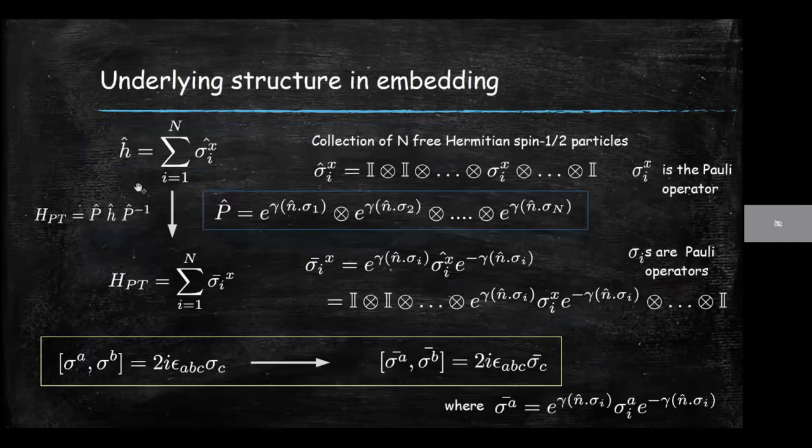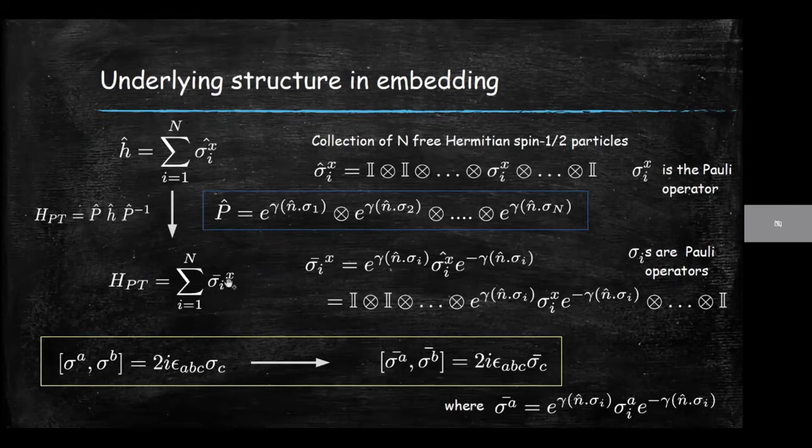So now we start with a Hermitian Hamiltonian, which is a set of free Hermitian spin half particles, and then we do this kind of similarity transformation, which is local in nature. Now I'll tell you why this locality is different from the non-local similarity transformation. That would give us the equivalent counterpart, which is now PT symmetric, and we can still see that this PT symmetric Hamiltonian comprises n free spin half PT symmetric particles.